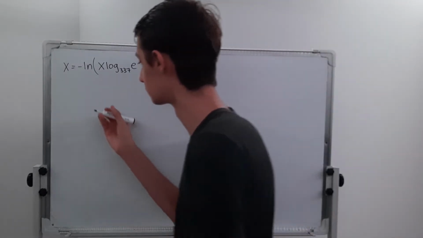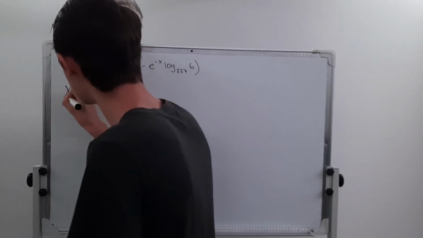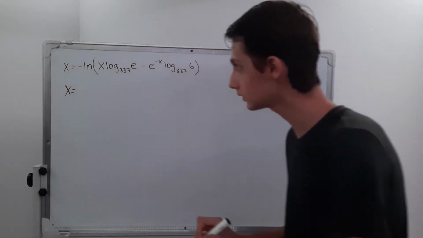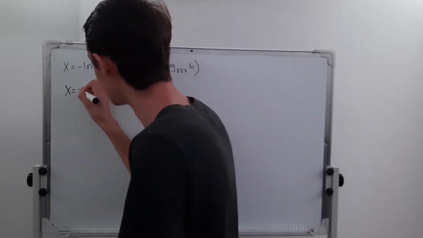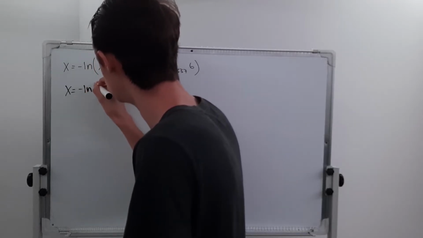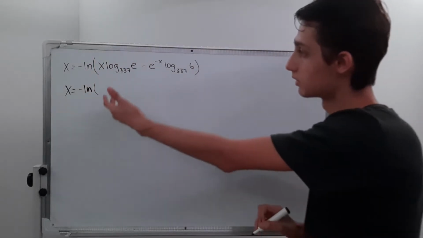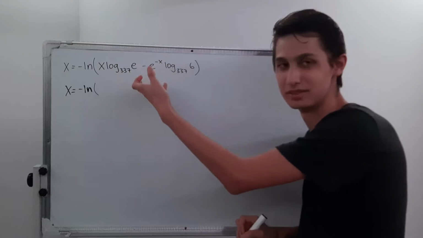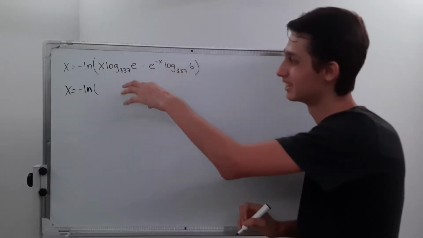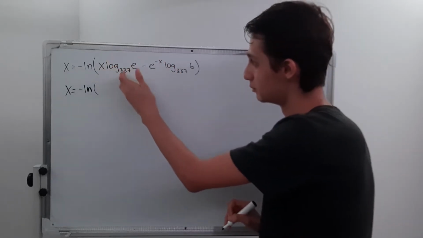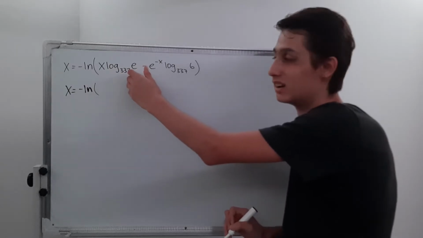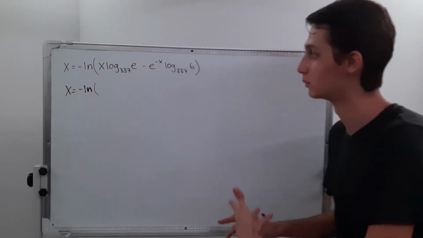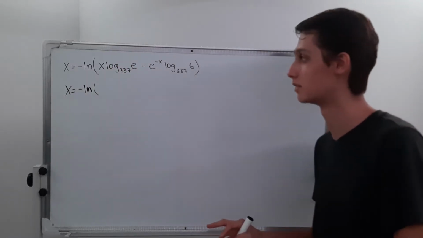So, again, we're just going to start with x equals, alright? I'm going to continue with this negative ln of, okay, so the first thing I see here is this log of e. Really if this was ln, or log base e of 337, then we can just say that's ln of 337.